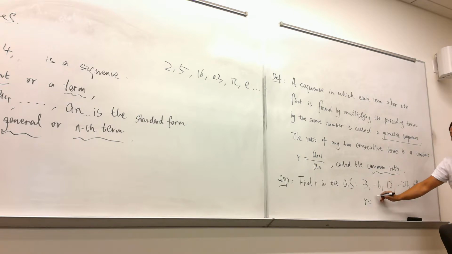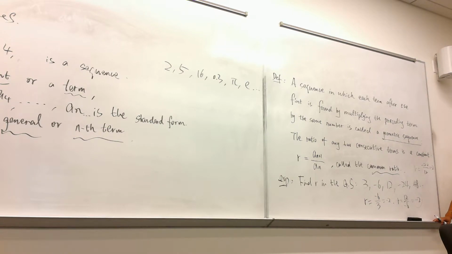You can use negative 6 divided by 3, which gives you negative 2. You can use the third term, 12 divided by negative 6, which gives you negative 2. Or you can use negative 24 divided by the previous term, which again gives you negative 2. So negative 2 is the common ratio. R denotes the common ratio, which is the ratio of the next term to the previous term.